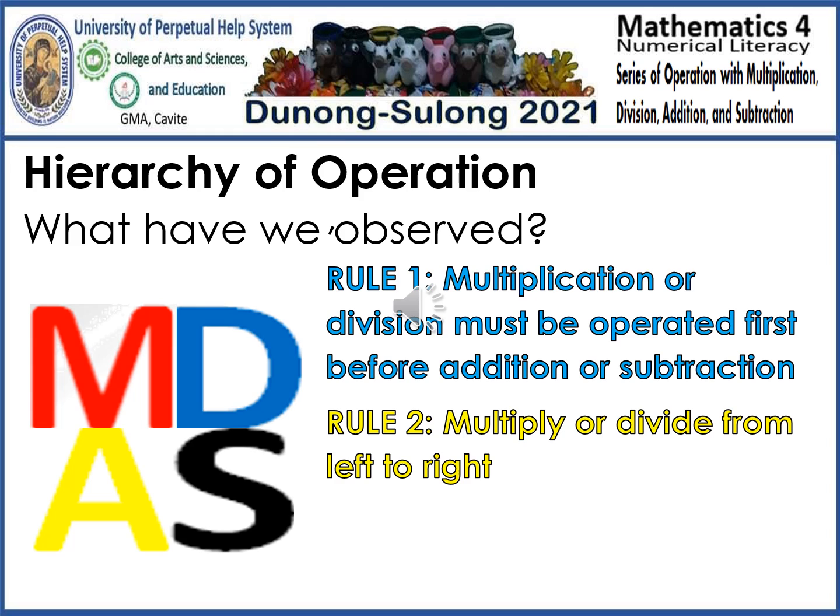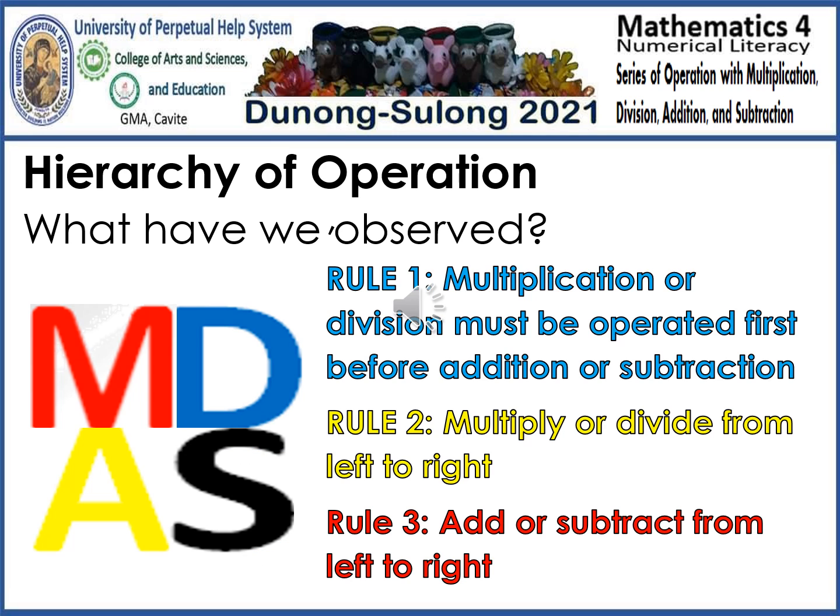Rule 2 is multiply or divide from left to right. For the last rule, rule number 3, add or subtract from left to right.